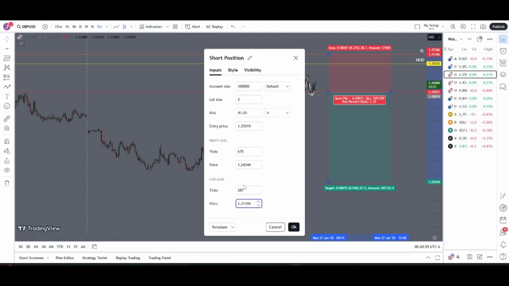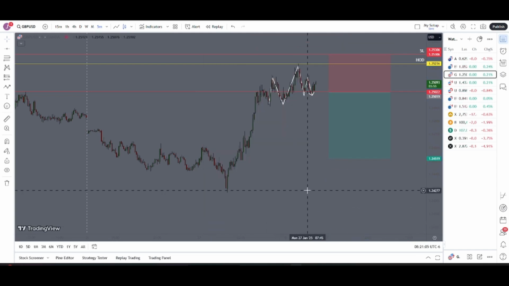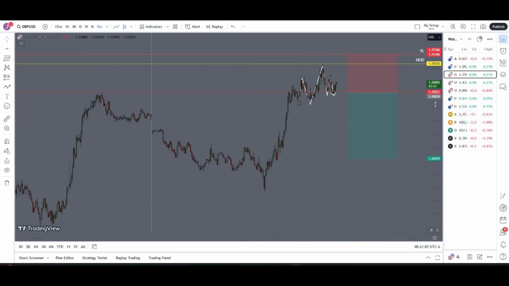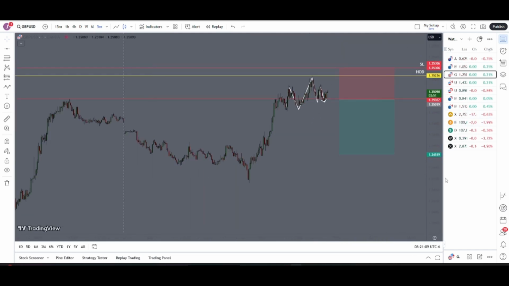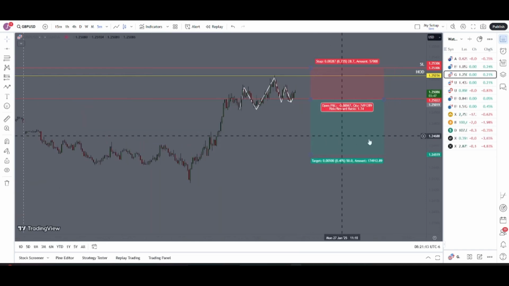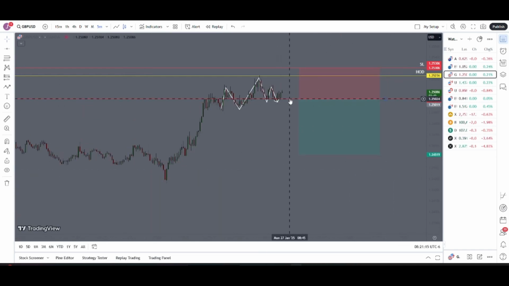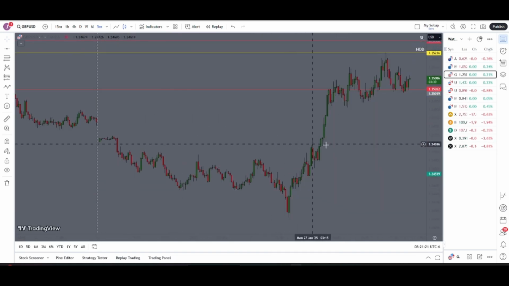Almost a 30 pip stop loss, and my take profit would be 50 pips, right? So almost a 2-to-1. I'm very, very happy with that. So now I'm just waiting on the close below this, and then I'll be entering this trade right here. So that's what I like on GBP USD.